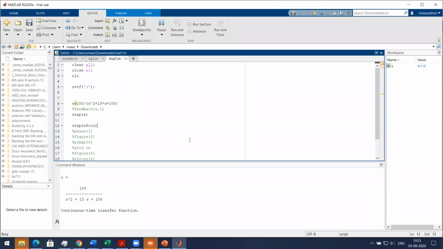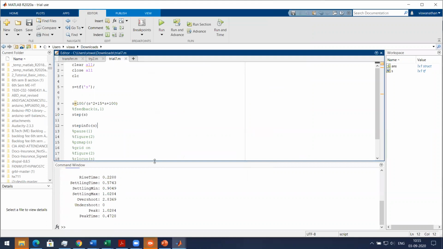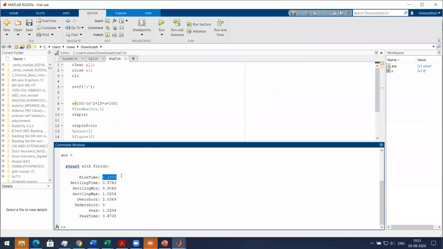This will give you the step response as well as the parameters.